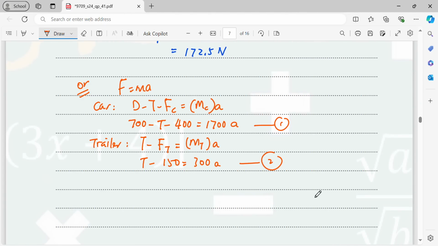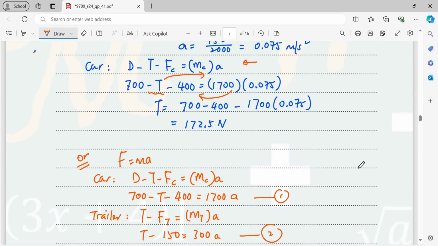So you have to solve these two to get the T and A. At last you will be getting the same answer. So I will just give you the hints up to here. Then you can just solve the simultaneous equations. So that's all for this question number 4.